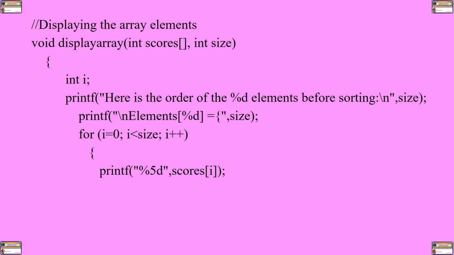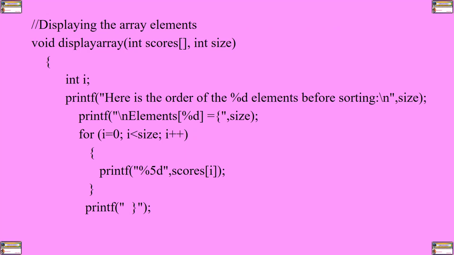This part is for reading the elements from the array, beginning from scores 0, writing it on the screen, scores index 1, scores index 2, all the way to the last index. So those elements will be displayed on the screen, and that is what this function will do.